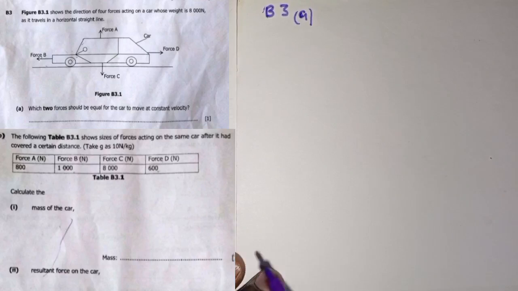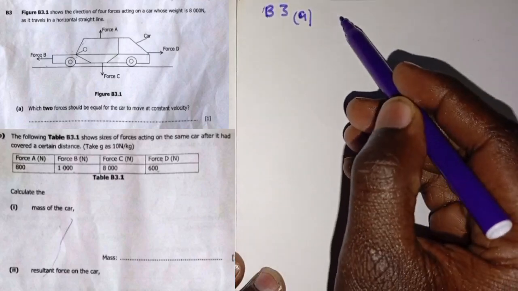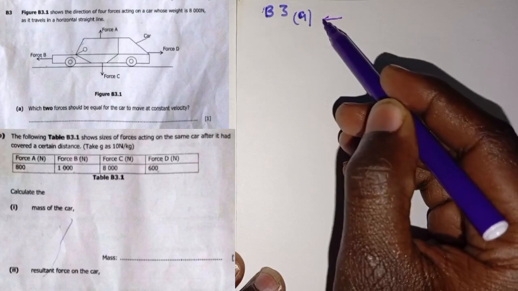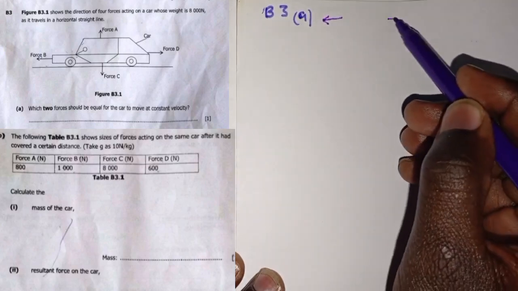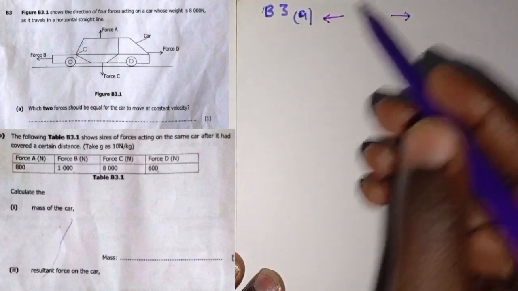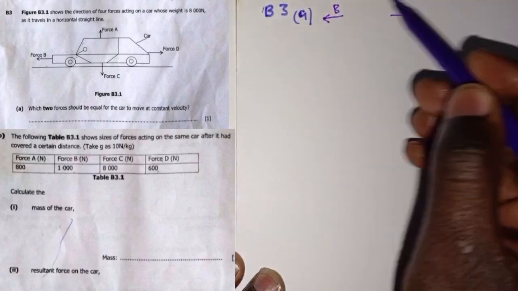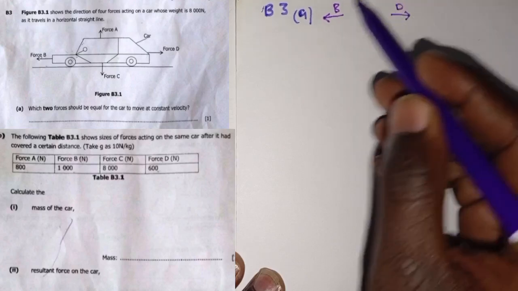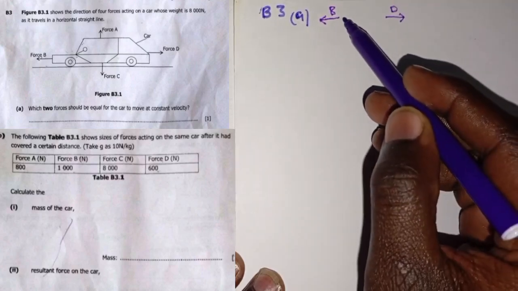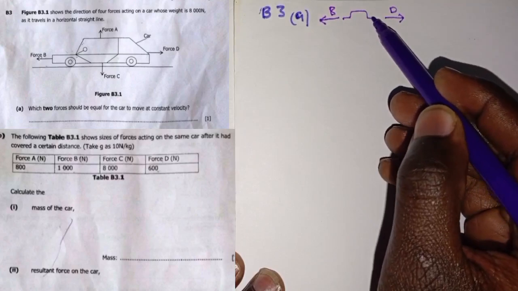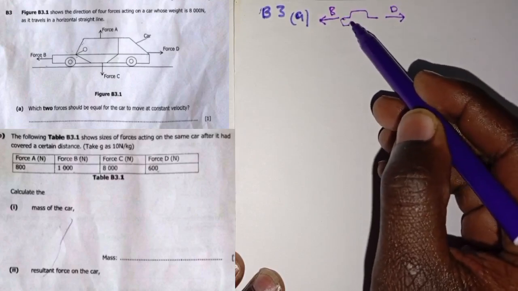When you look at the diagram, you have force B going this direction, and force D going this direction. So if this car, I'll try to draw it here, just a simple diagram to illustrate what is happening.